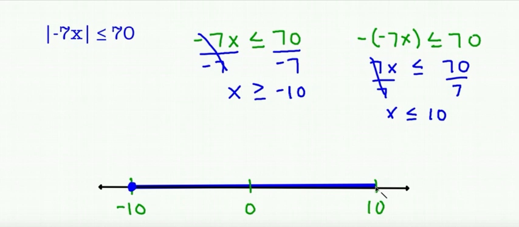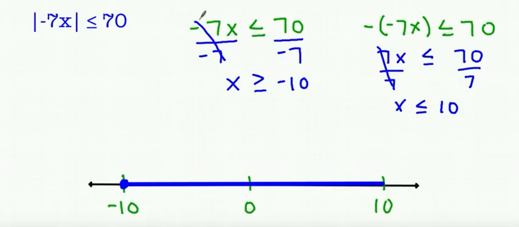And then we notice here that x is less than or equal to 10, so I can't go past that. Again, it's included, so it's going to be a shaded circle. Another way that I could write out my inequality to include both of these is negative 10 is less than or equal to x less than or equal to 10.